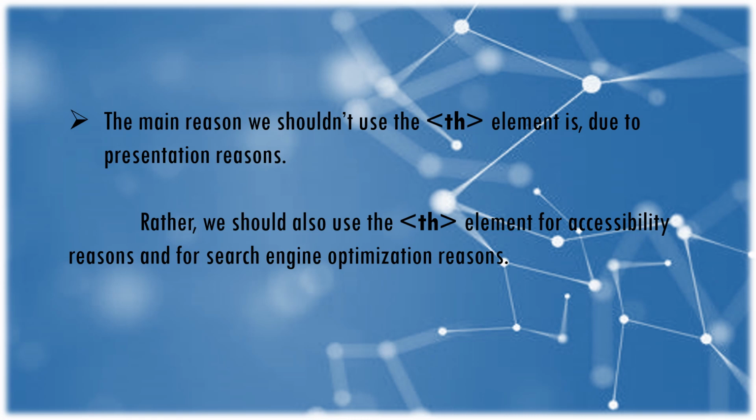The main reason we should use the th element is not only for presentation reasons. Rather, we should also use the th element for accessibility reasons and for search engine optimization reasons.